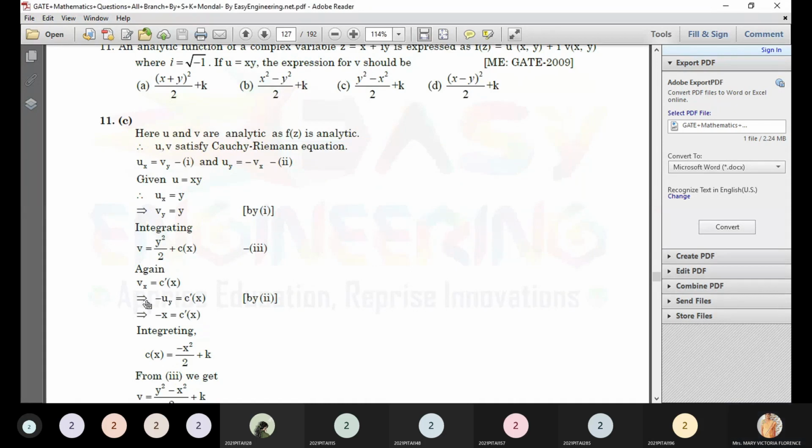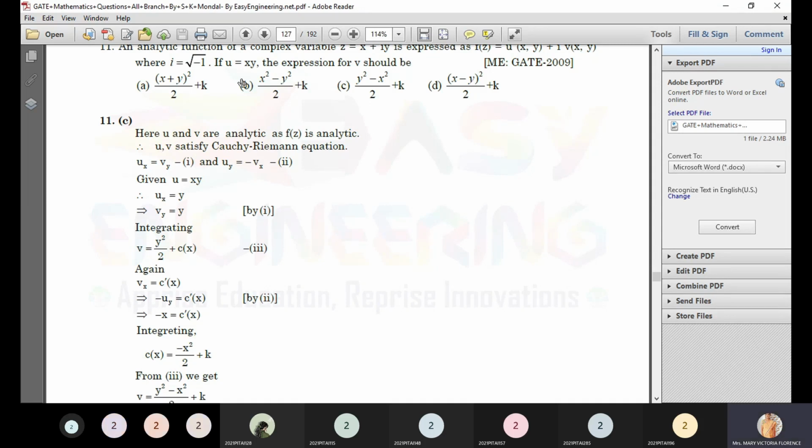Now, vx is when you differentiate v with respect to x, y is constant. So y square by 2 differentiation is 0. C of x is a function of x. Therefore, C of x differentiation is C dash of x.